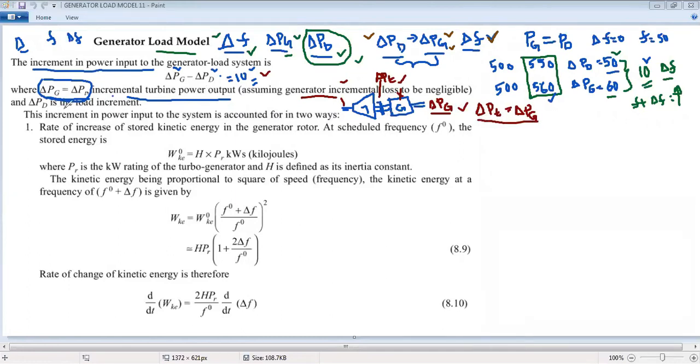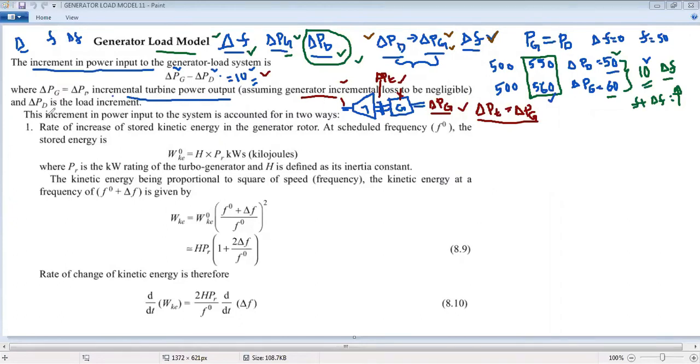And delta PD here is called the load increment. So all are defined here: the increment in the power input to the generator, delta PG, delta PD, the load increment, and the assumption.